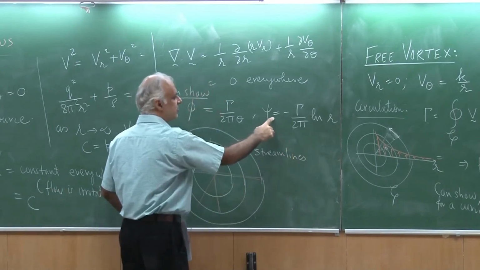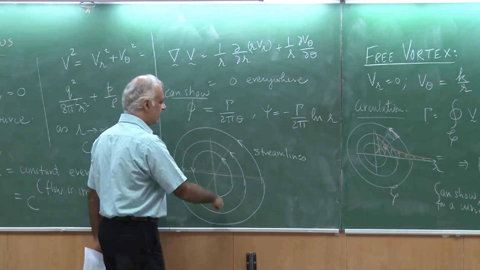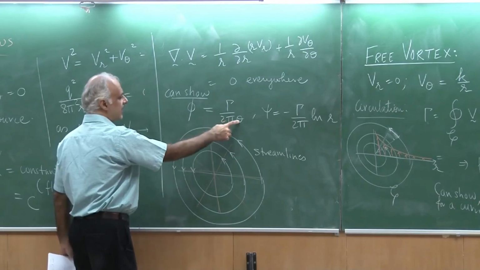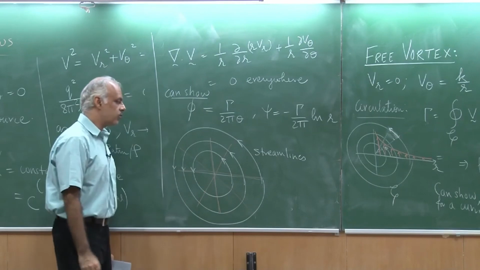So stream lines, as you can see, are lines of constant r, and lines of constant r are circles, and the equipotential lines are lines of constant theta, and these are simply radially outward lines.